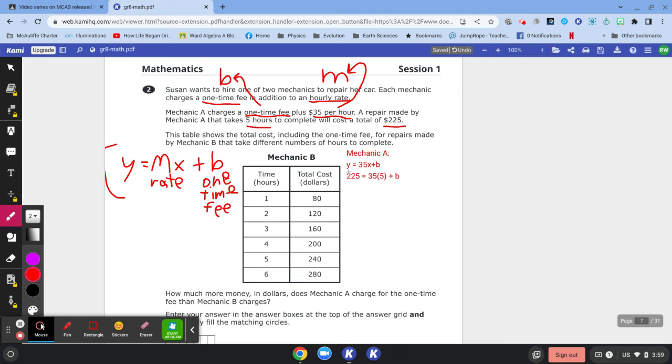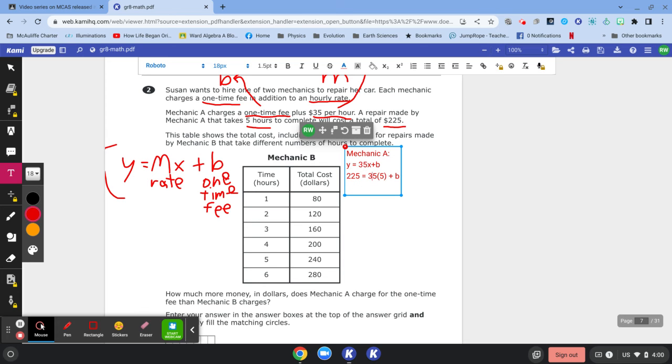So we have an equation we can set up. Y equals 35, that's our rate, times x plus the unknown one-time fee. But we can find that unknown fee because we know how much the overall job will cost if 5 hours are spent on it. So I'm going to go ahead and solve this for B. That's the unknown.